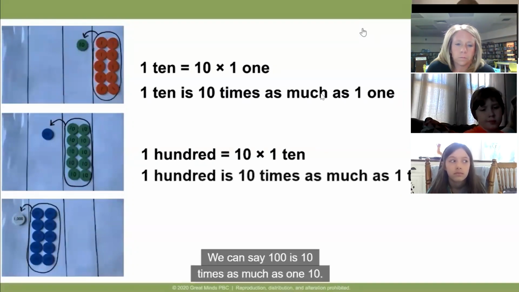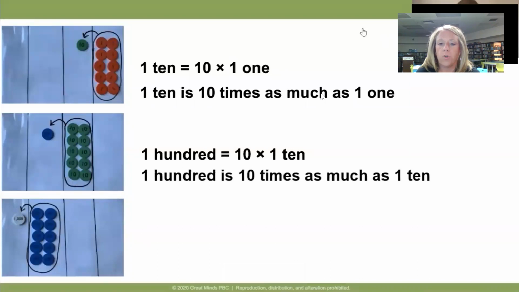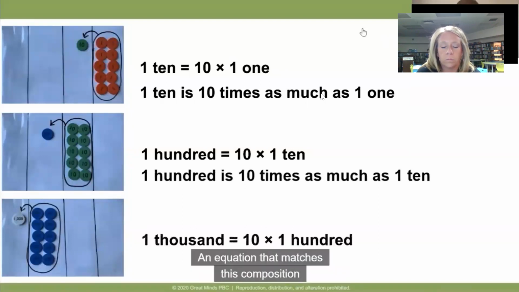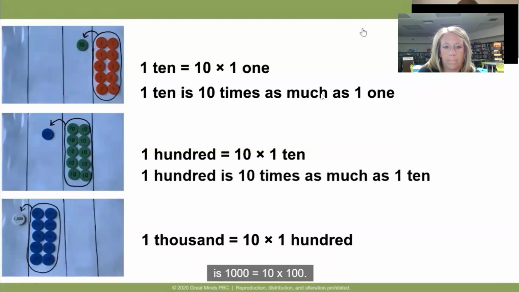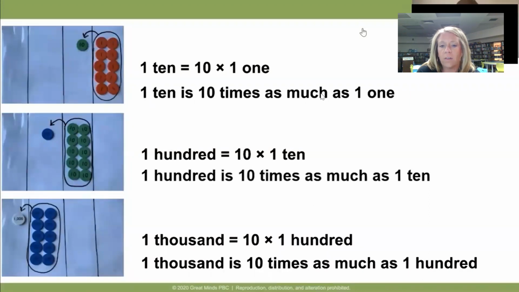We can say 100 is 10 times as much as 10. Now you say it. Okay, now at home you should be saying 100 is 10 times as much as 10. An equation that matches this composition is 1,000 equals 10 times 100. We can say 1,000 is 10 times as much as 100. Now you say it. 1,000 is 10 times as much as 100.